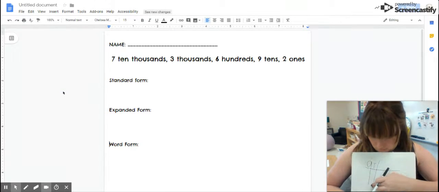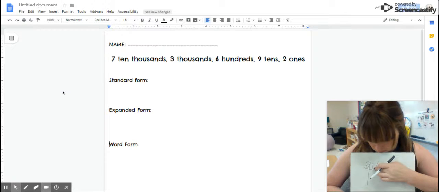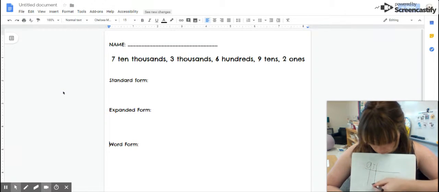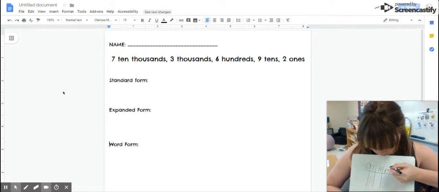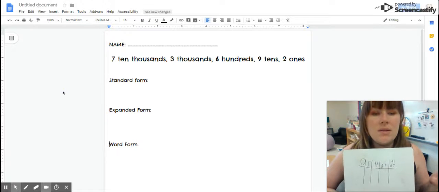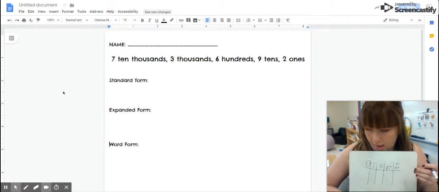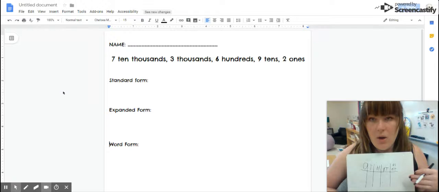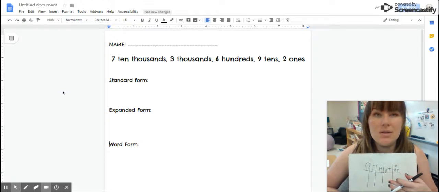Apologize if that's not very straight. Hundreds, thousands, and 10,000s. I can stop today at 10,000s because I know that I am not going all the way to 100,000s because it doesn't list 100,000s.